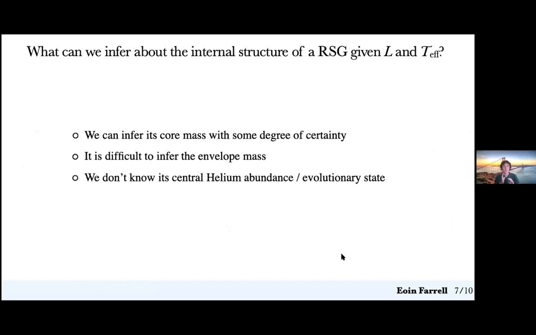First, we can infer its core mass from its luminosity with some degree of certainty. Secondly, as we just saw, it's difficult to determine the envelope mass. And thirdly, we don't know its central helium abundance, as that information is hidden away inside the star. We actually have less of an idea of its central abundance than other types of stars at different evolutionary phases.